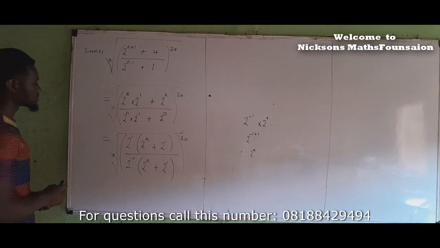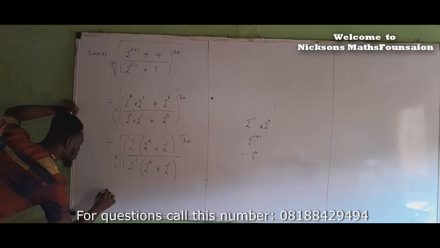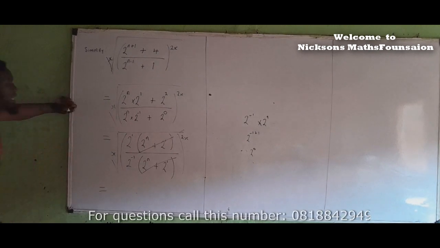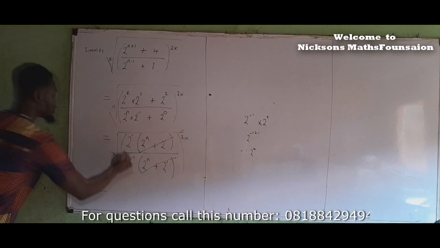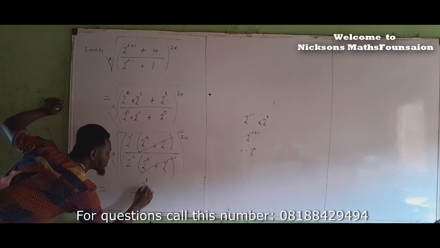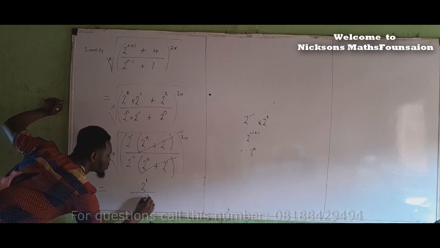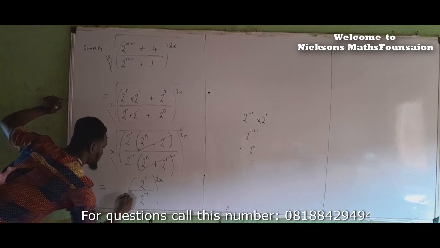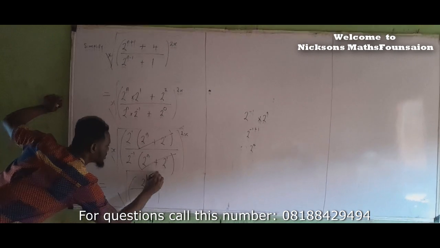So this will cancel this, they are looking alike, so we are reduced to 2 raised to power 1 all over 2 raised to power minus 1, all raised to power 2x, then x root.